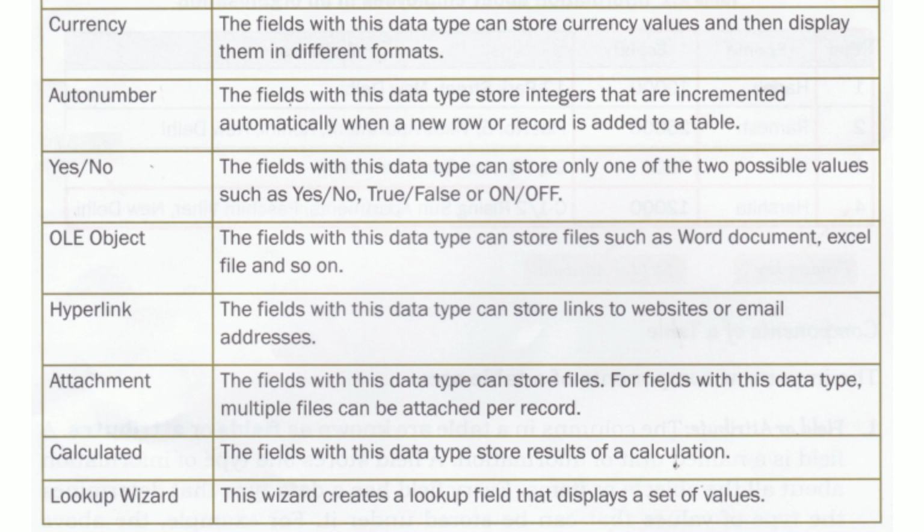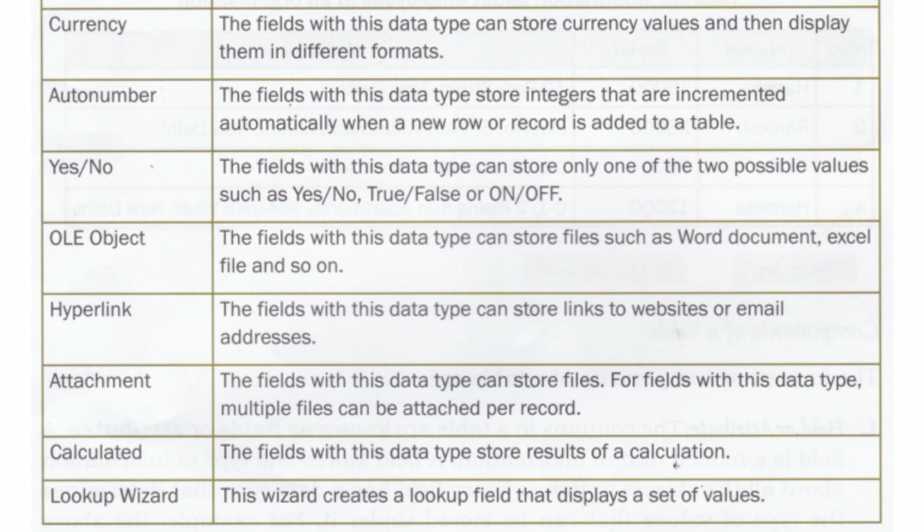Next one data type is, as you can see on the screen, that is auto number. Microsoft Access enters data in the auto number field, automatically numbering the records consecutively starting with 1. It stores integers that are incremented automatically when a new row or record is added to a table.